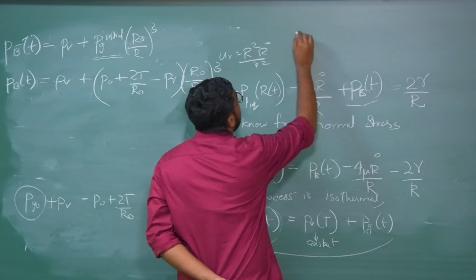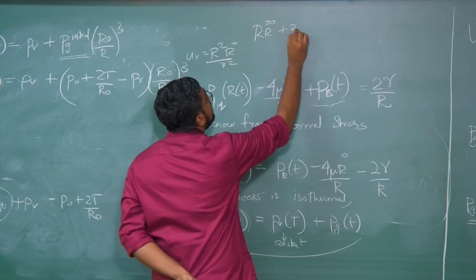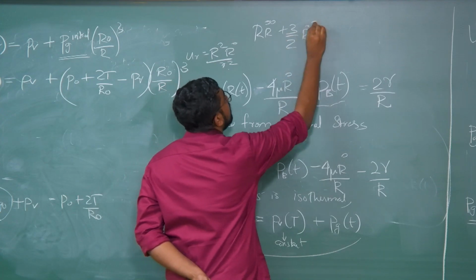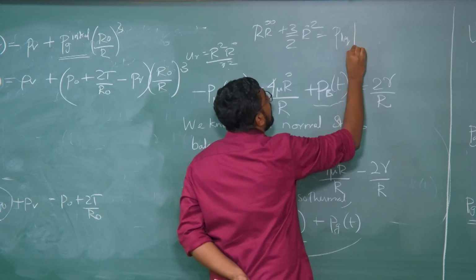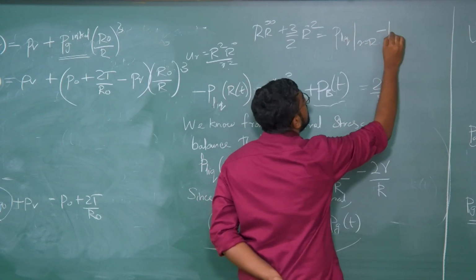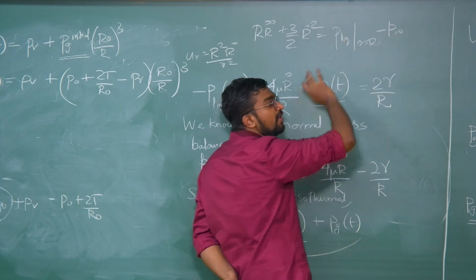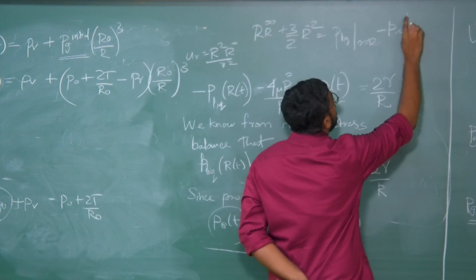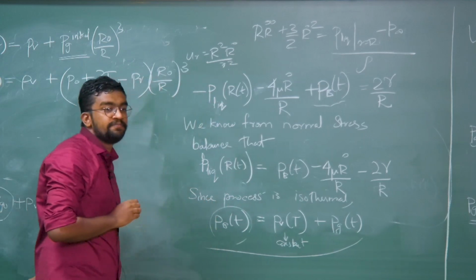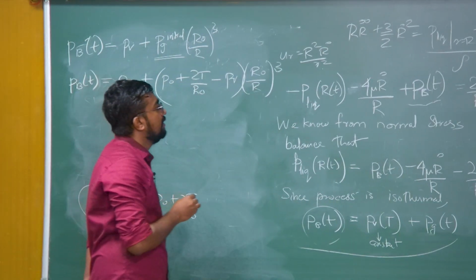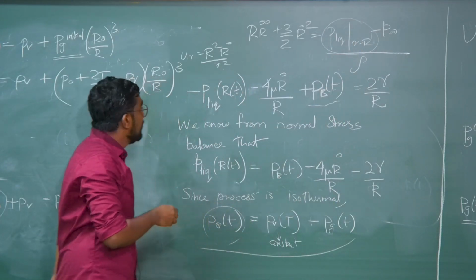So, we had R double dot plus 3 by 2 R dot square is equal to P liquid at R equal to R minus P infinity, because we integrated from R equal to R to infinity, P infinity by rho. Okay. So, our objective to do all this was to find the liquid pressure at R equal to R, that we have found.